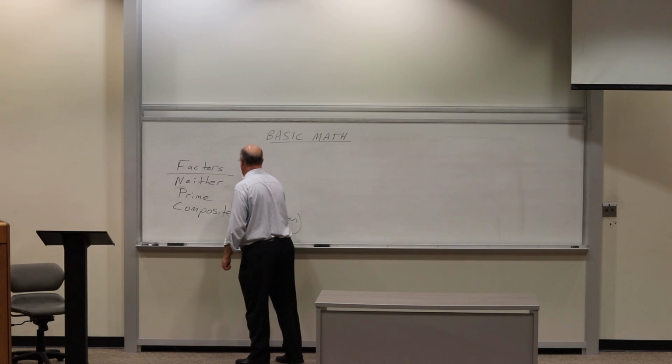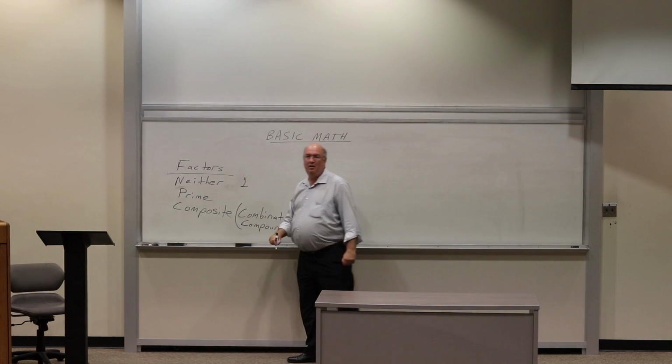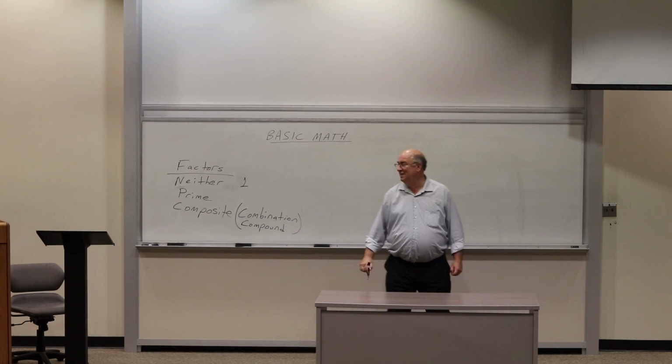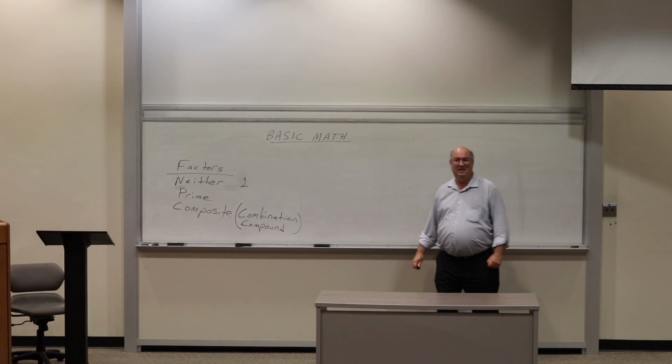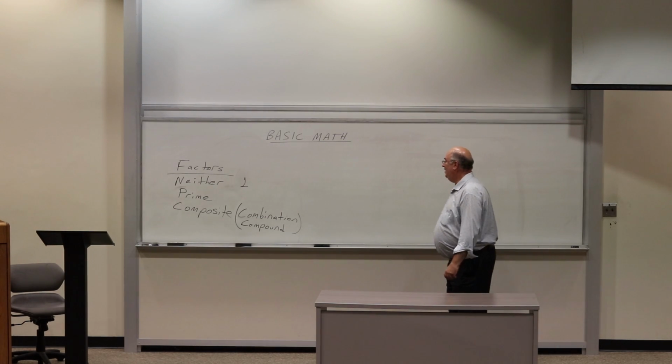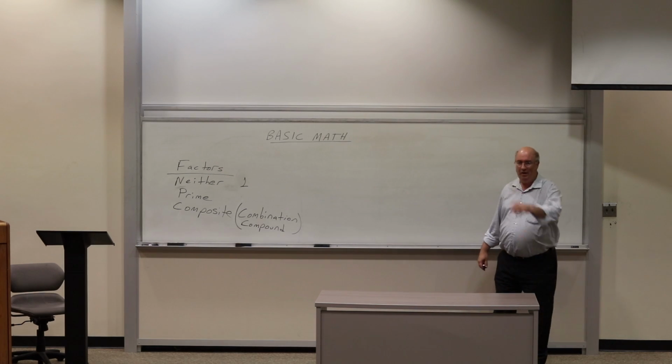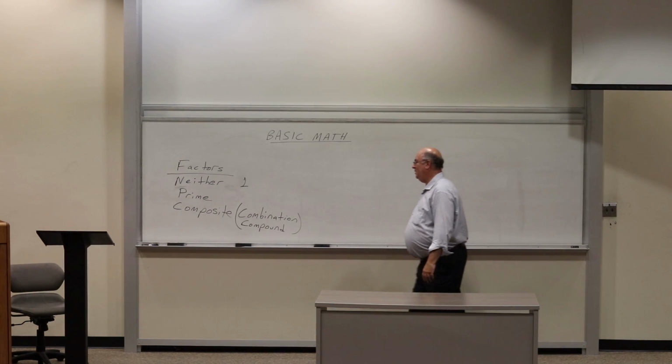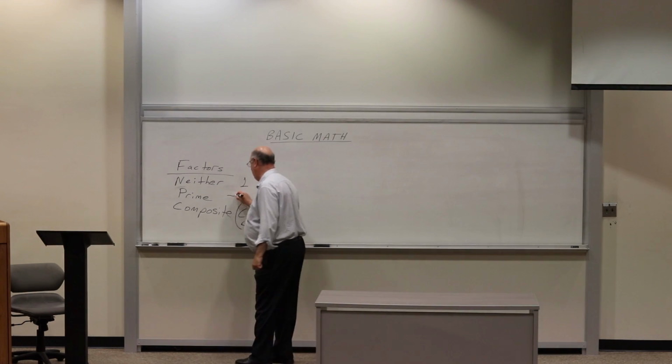They love this on tests. You know, the number one doesn't count as a prime or composite number. Let's define these things. 1 is in its own category. Prime number, you can only divide it by itself and 1.